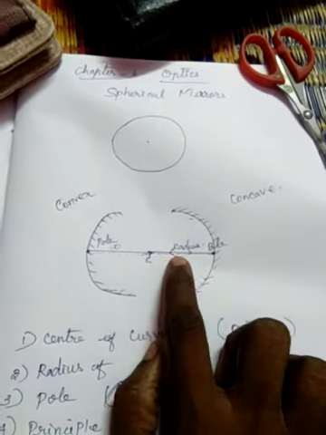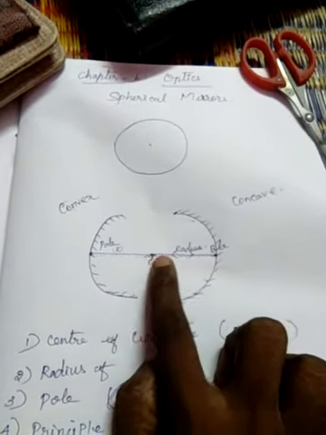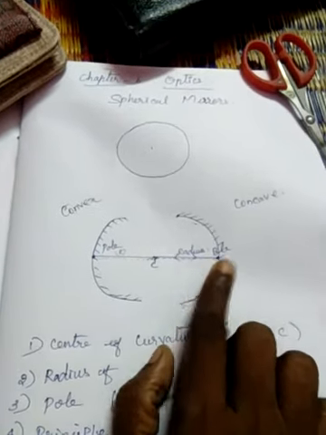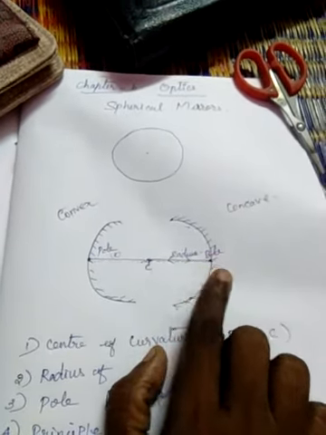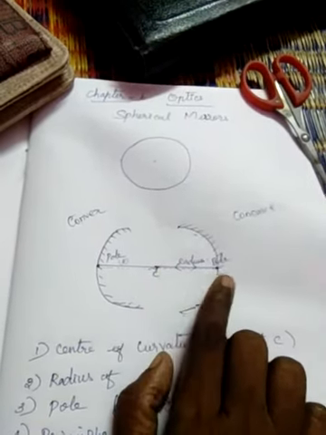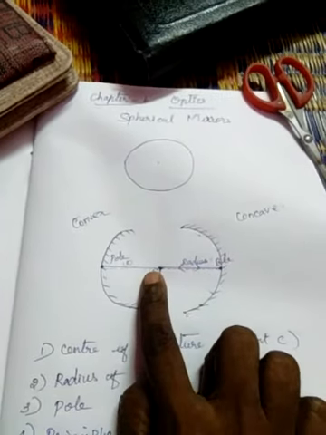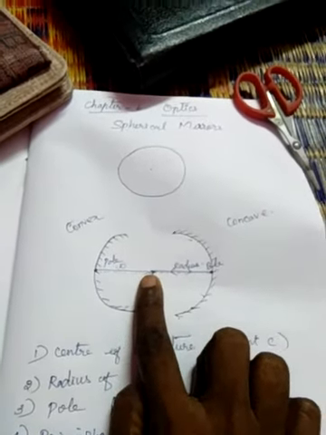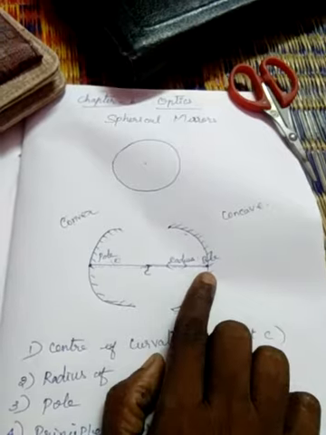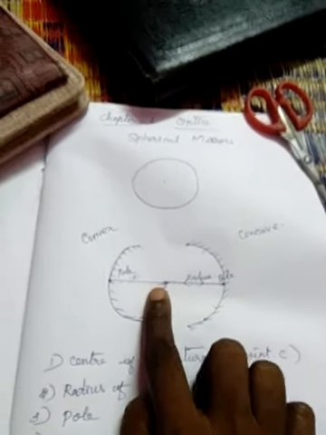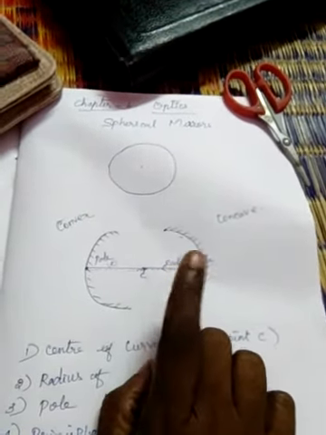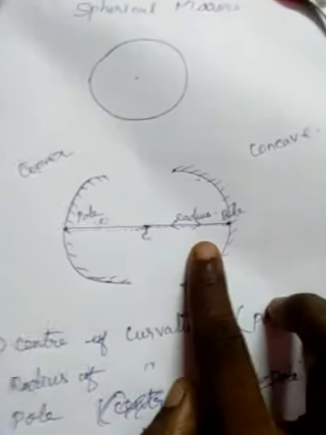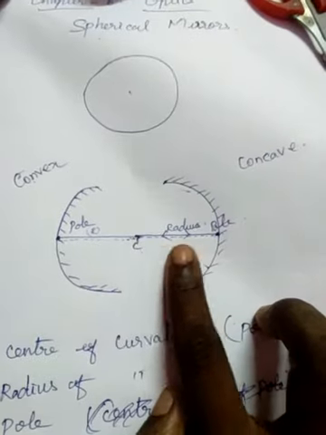The same light rays going and falling on the mirror are reflected and come back the same way, the way they were going. That reflected ray is called the optical axis or principal axis.